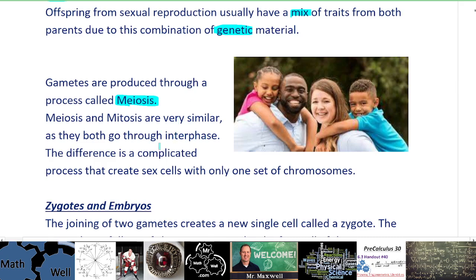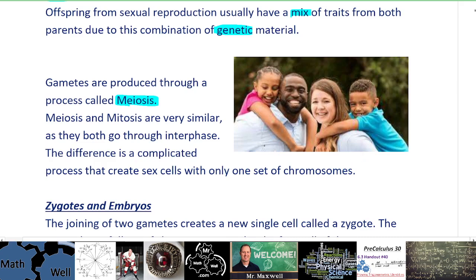The difference is the complicated process where sex cells with only one set of chromosomes are produced. I feel like I'm missing part of that sentence. The difference in the interface is the complicated process where sex cells are created with only one set of chromosomes. Yeah, that's definitely an awkward sentence. I might have to fix that.